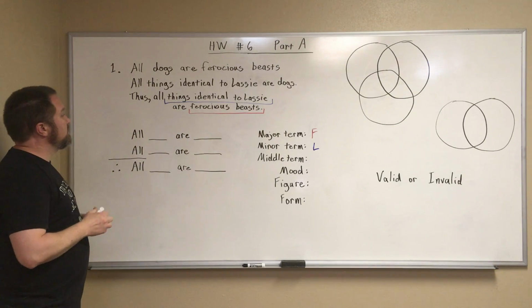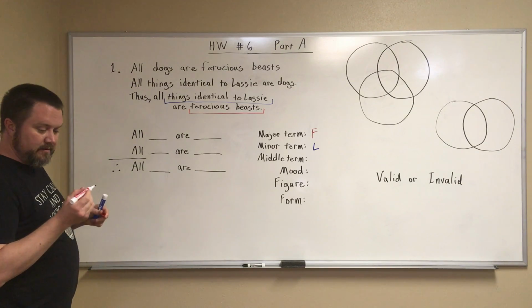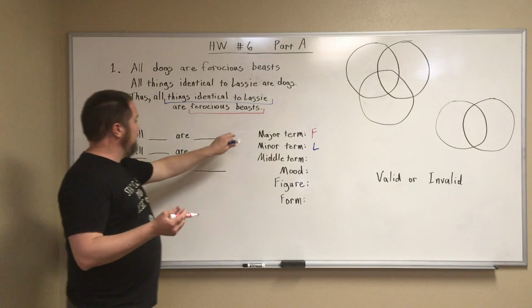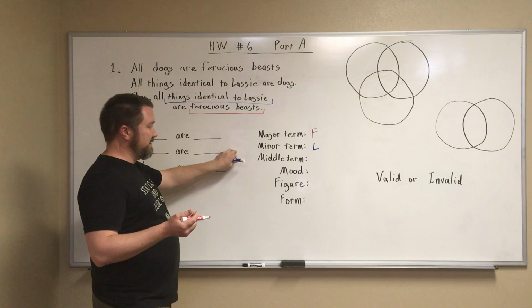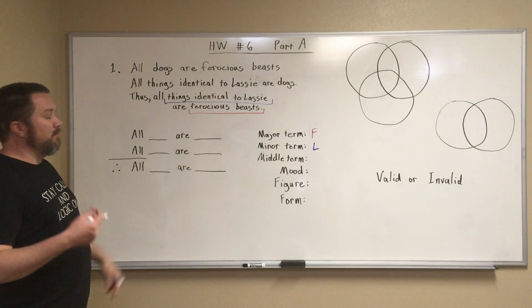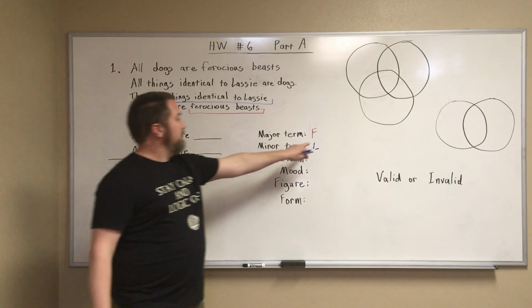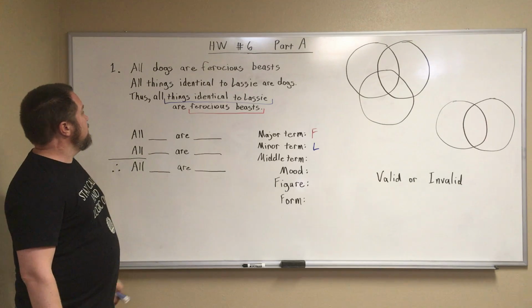All right. So next thing we have to do is carry those up and make sure that they're in the right place. So the major premise is going to be on top. The minor premise is going to be second. And the major premise is going to be the one that contains the major term. We've already established that ferocious beasts, F, is the major term.